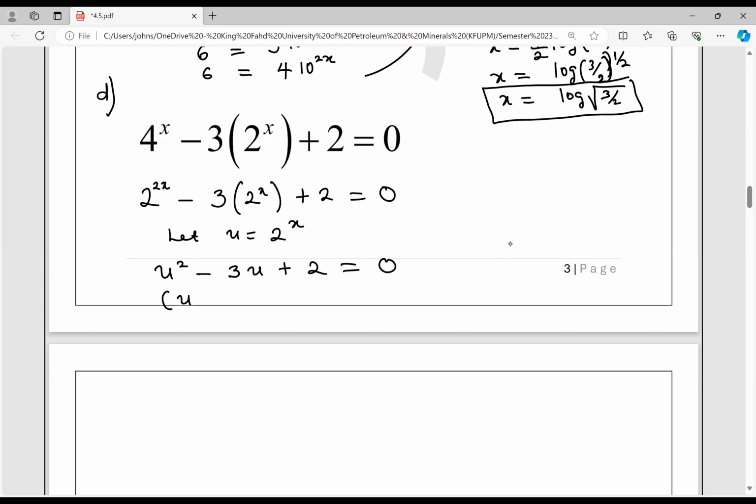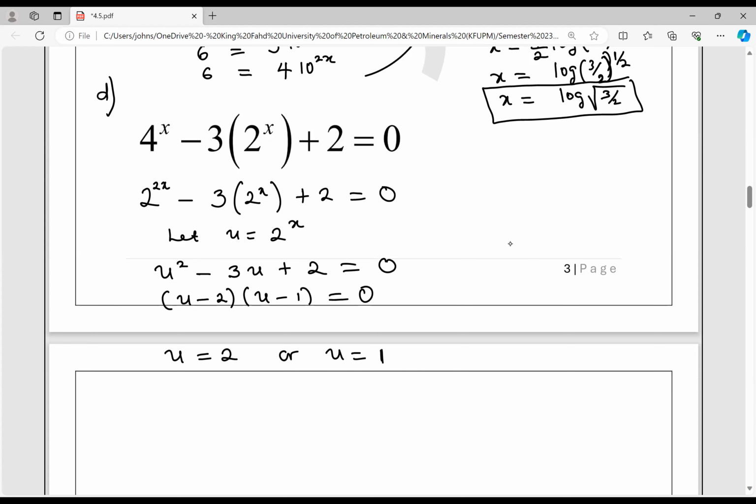This will be u minus 2 and u minus 1 equals to 0. And from here, it means that u is equals to 2, or u is equals to 1.